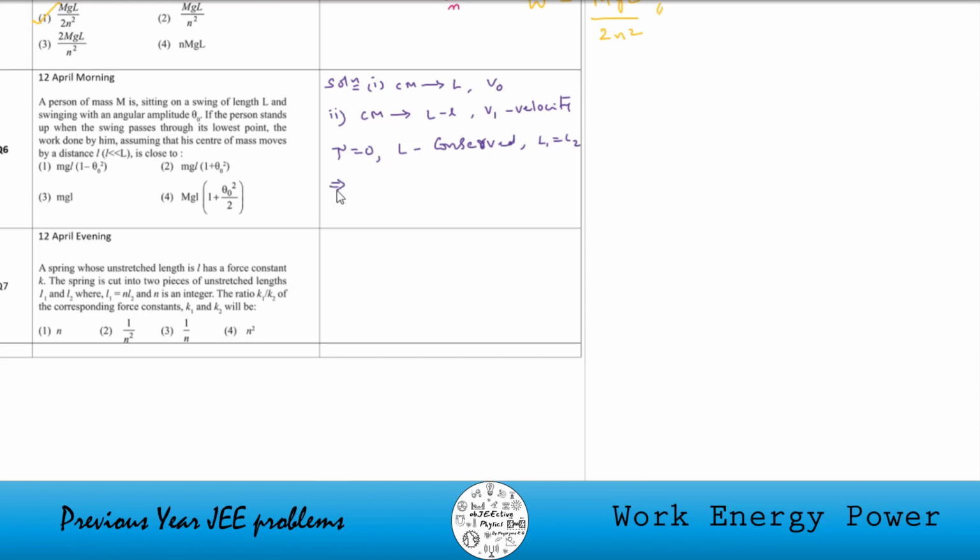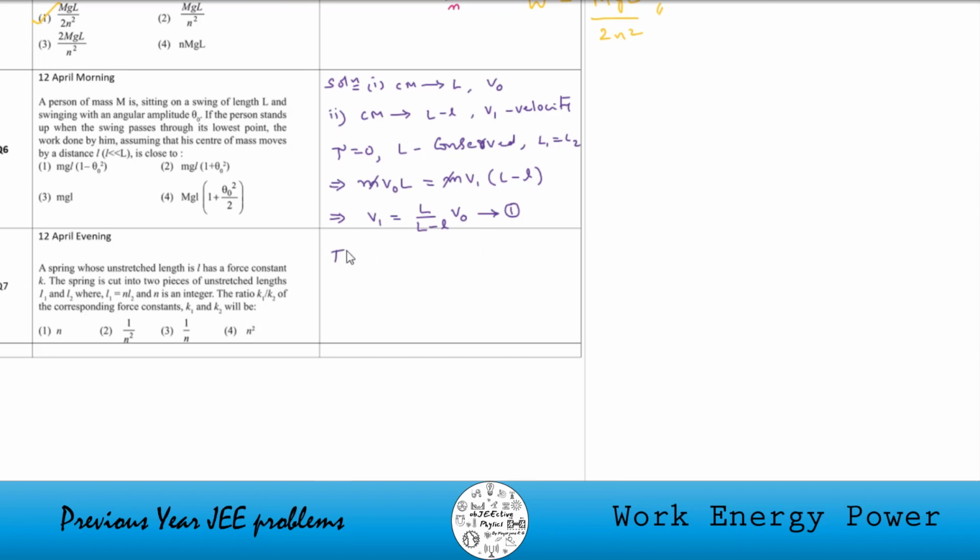In terms of linear velocity, angular momentum can be written as m into v0 into L, initial angular momentum, is equal to final angular momentum m v1 into L minus small l. So both sides cancel, so that implies v1 is equal to L divided by L minus small l into v0. Let us assume it is equation number 1.